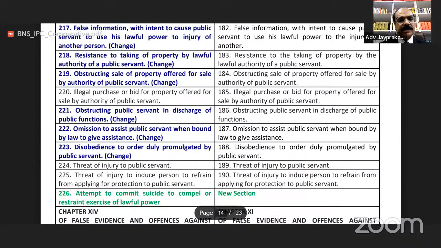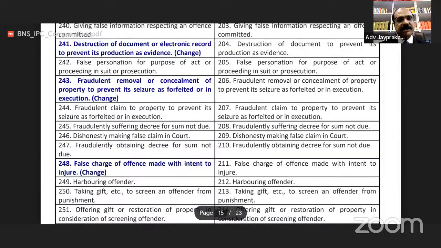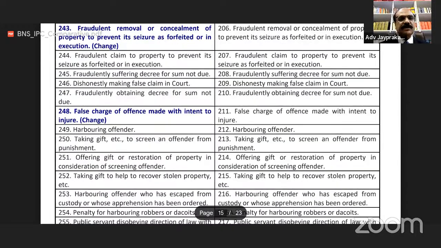Let me take you to section 245. BNS section 245, fraudulently suffering decree for sum not due. Earlier section was IPC 208.